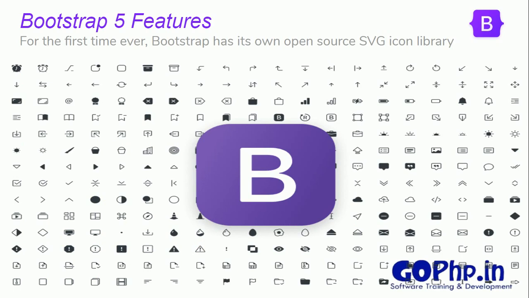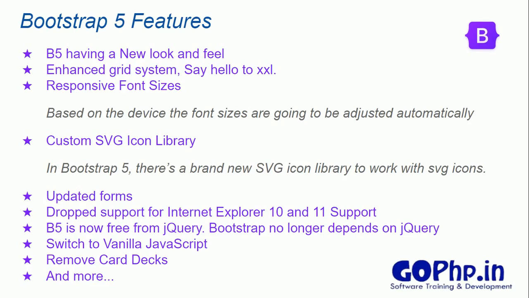In Bootstrap 3, we have Glyphicons, around 250 plus icons. In Bootstrap 4, we don't have Glyphicons. We have to approach either font icons or some other icons. But in Bootstrap 5, we don't need to go for any other. If you want, you can use them, but most of the icons are going to be provided by Bootstrap 5, guys. We don't need to approach any other libraries here.